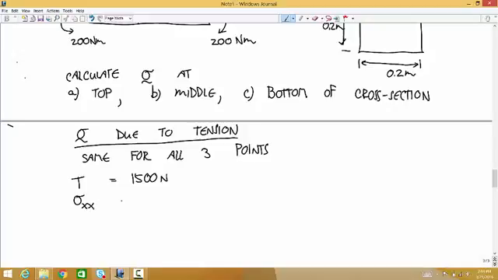So the XX stress due to the tension is positive 1,500 divided by 0.2 times 0.2. Can someone tell me what that is? 37,500. Okay, and that's pascals.